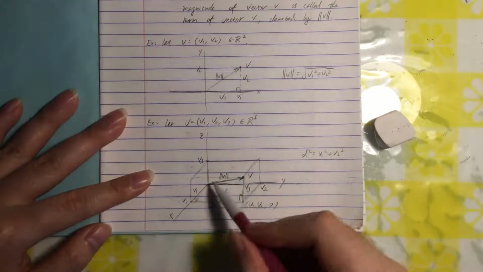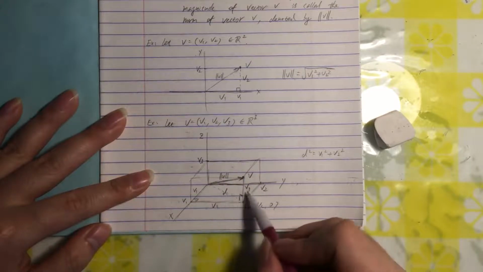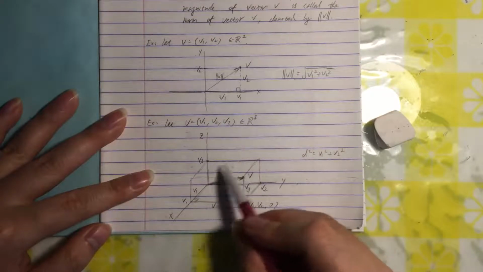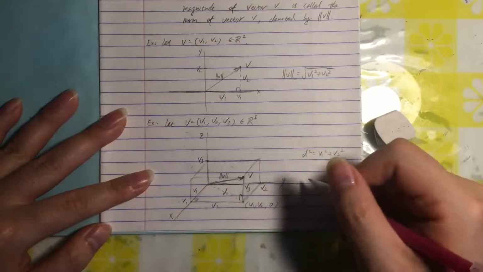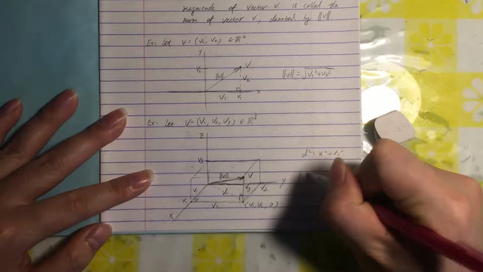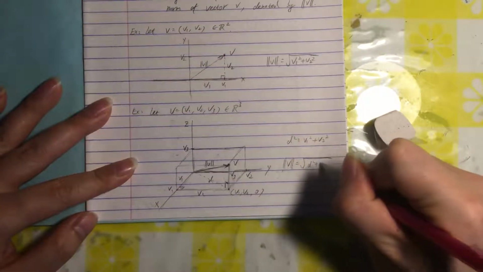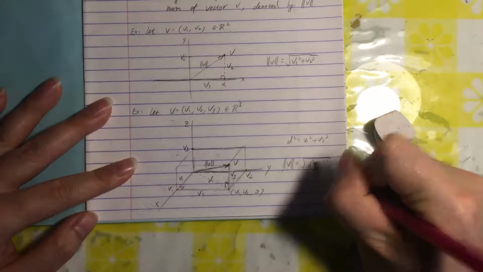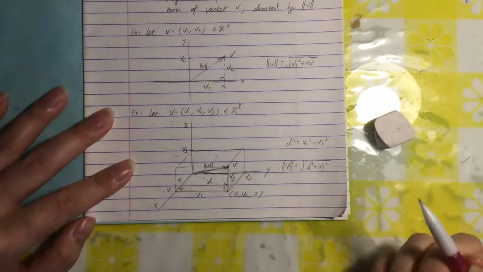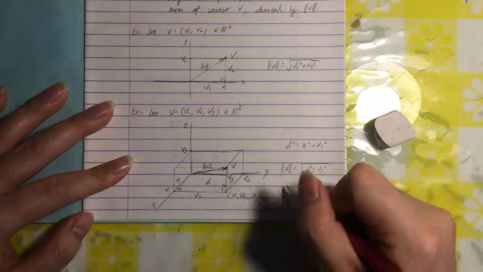Since this is a right angle, we have a right triangle here with three sides: D, V3, and the magnitude, the norm of V. Then we can use the Pythagorean theorem to find the norm of V. We know that the norm of V is the square root of D squared plus V3 squared. And then we know that D squared is V1 squared plus V2 squared.